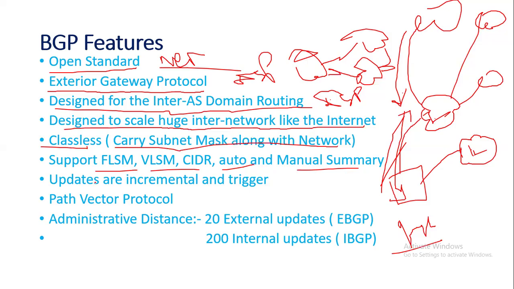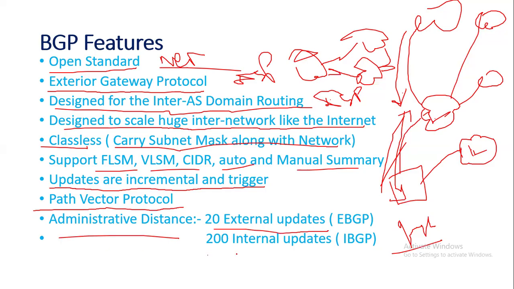If something happens in the network, within an AS or outside the AS, the updates are incremental and triggered immediately. BGP uses multiple message types, which we'll see in the next slide. It is a path vector protocol, with an AD value of 20 for external and 200 for internal.